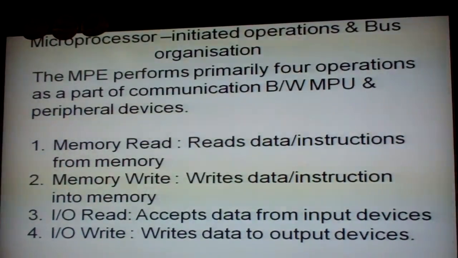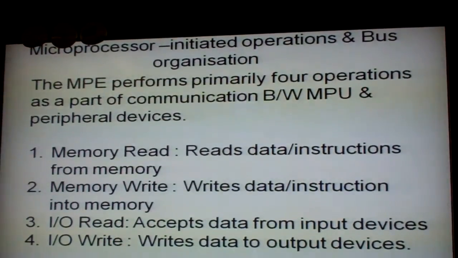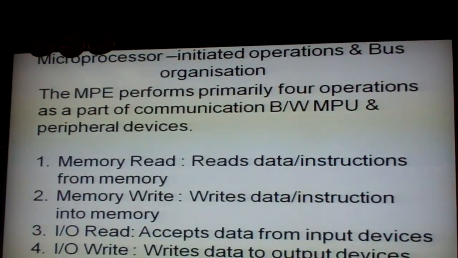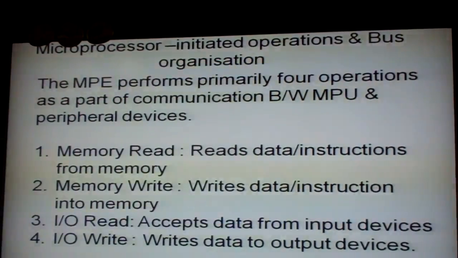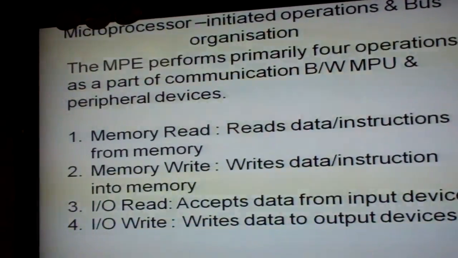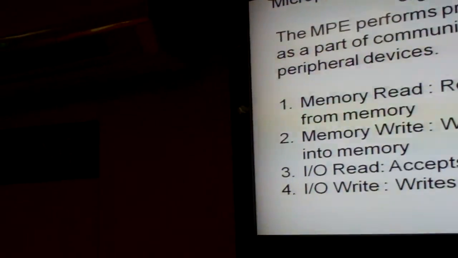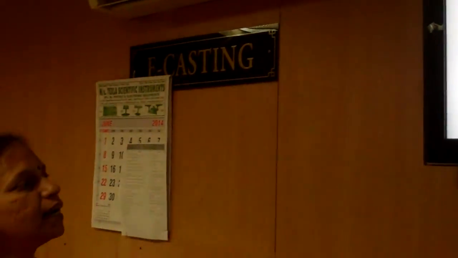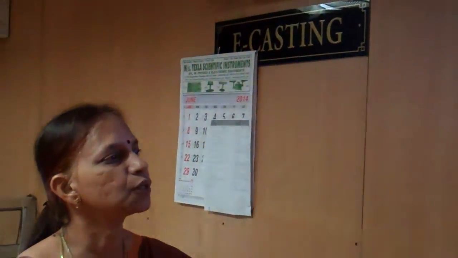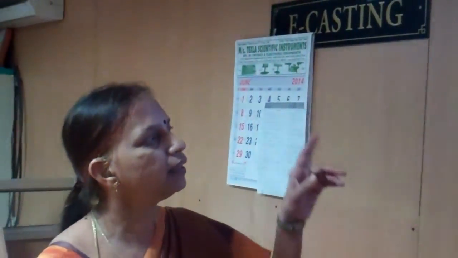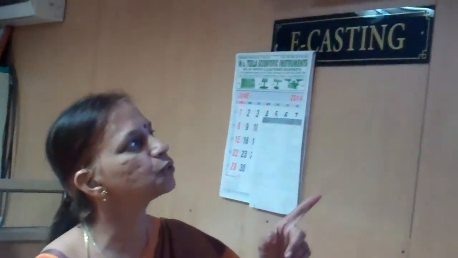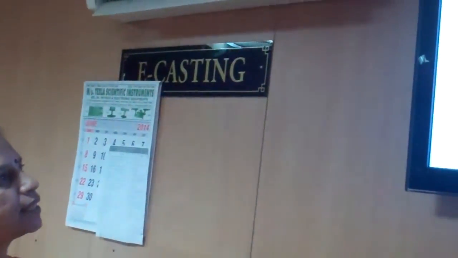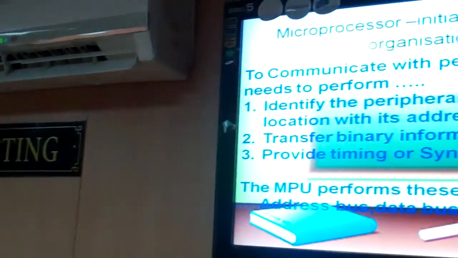Memory read refers to reading the data and instructions from the memory. Memory write refers to writing the data or instructions into the memory. IO read refers to accepting the data from the input devices. IO write refers to writing the data to the output devices. All these four fall into the category known as processor initiated operations.